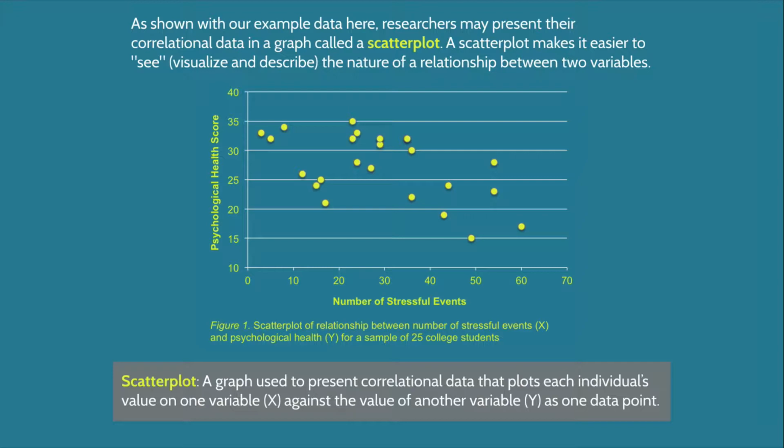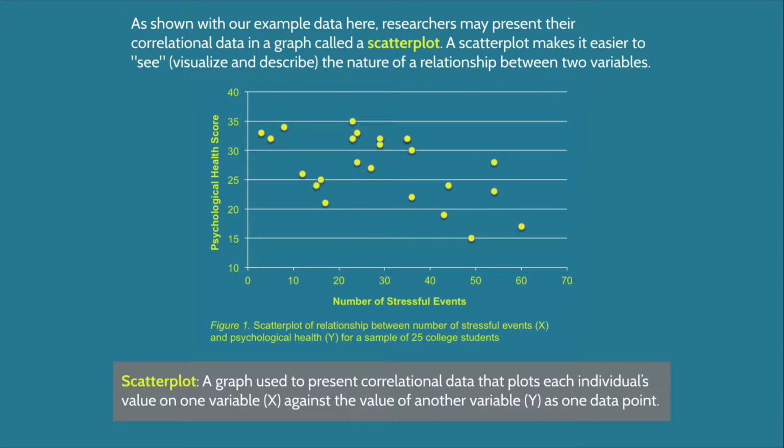As shown here, researchers may present their correlational data in a graph called a scatter plot, which plots each individual's value on one variable X against the value of another variable Y as one data point. A scatter plot makes it easier to see, in other words, visualize and describe the nature of a relationship between two variables.